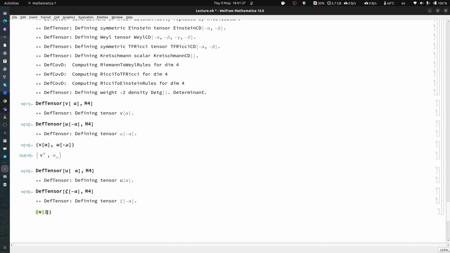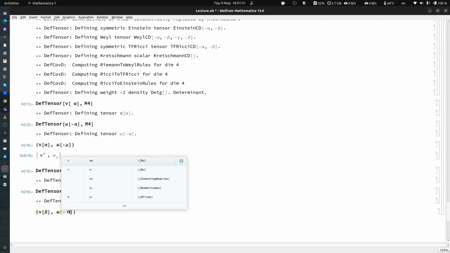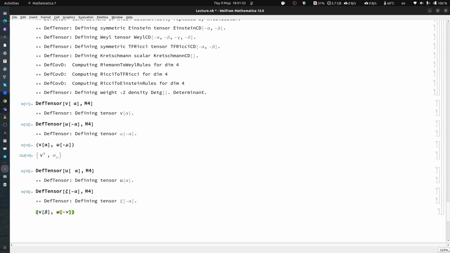V of beta, then omega, escape O escape, minus nu, escape n escape, puts a nu here, then u of sigma, escape S escape, and then xi, escape X escape, puts xi here, and here minus rho.